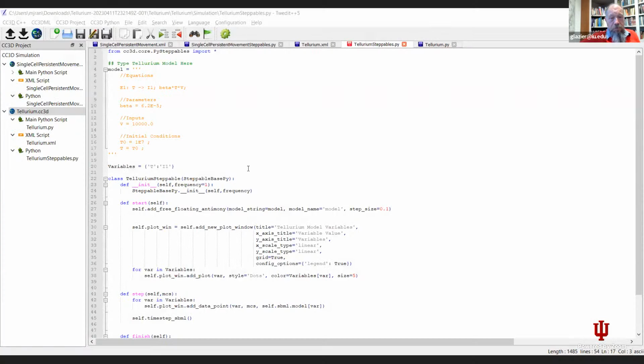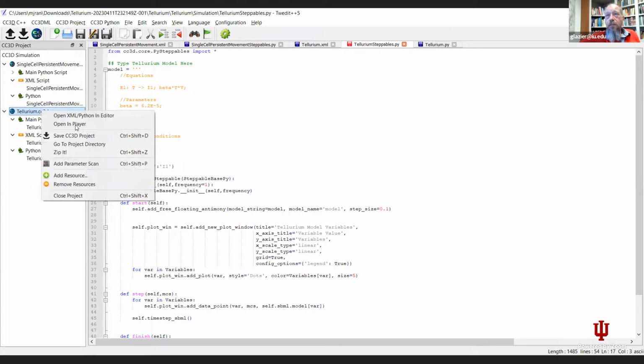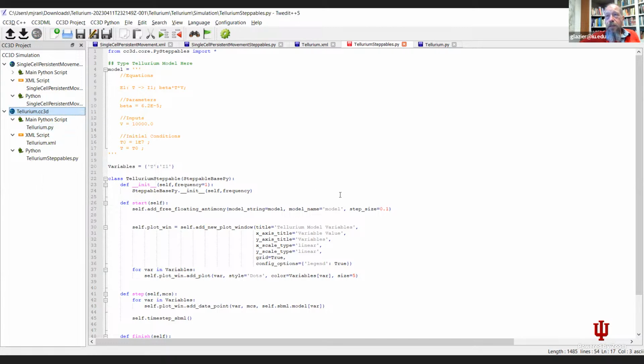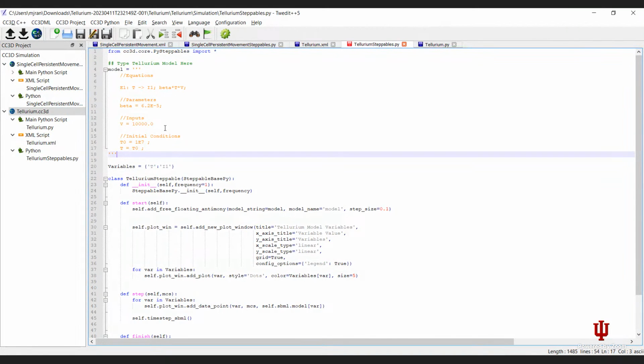So one thing that you may run into with Antimony, which is like the XML, is that if there's a syntax error in the Antimony, the player may crash. Computational is very good at catching errors in Python. It's less good at catching errors in. You've got a semicolon after the V. Yeah. Right there. Thanks. That might be it.